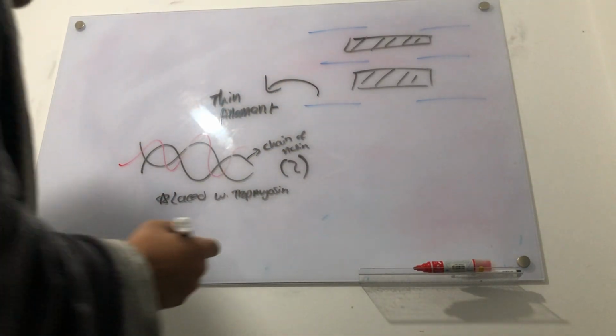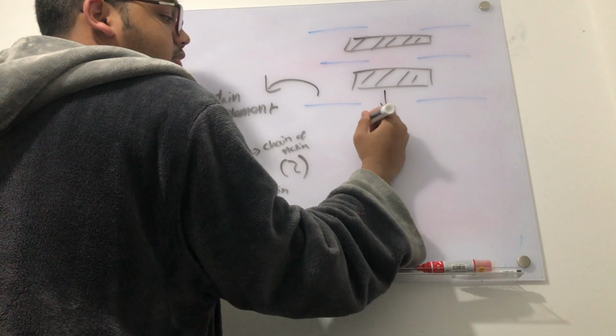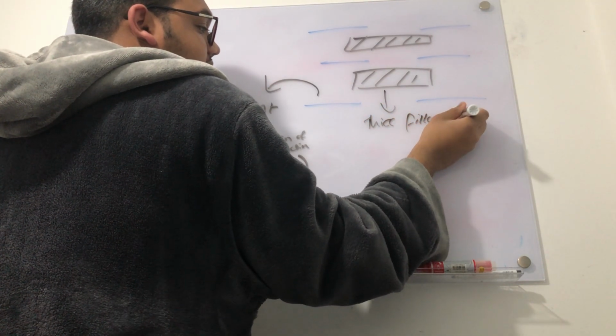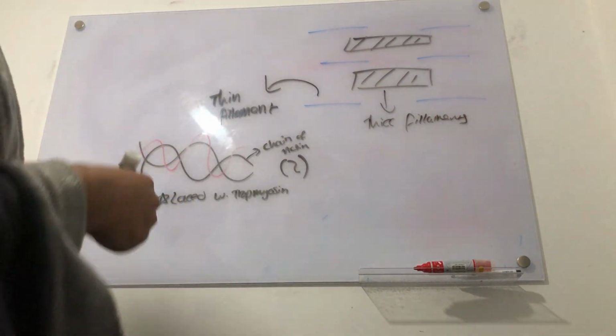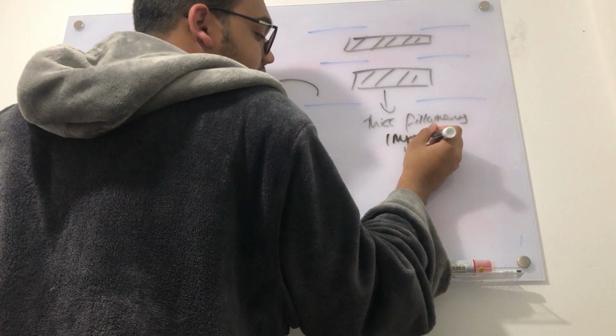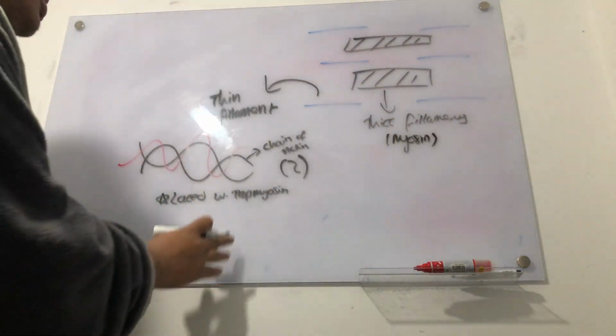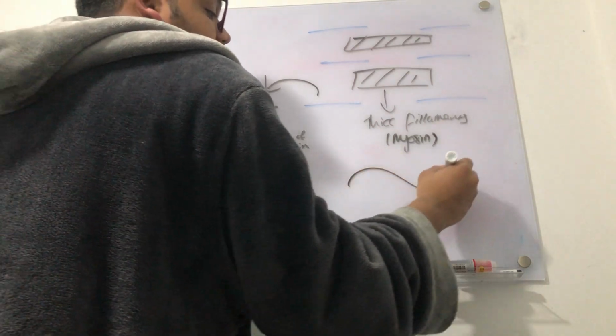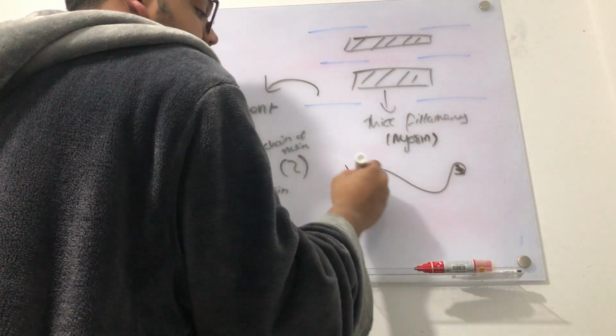We're going to talk about the thick filaments now. As you've guessed, the thick filaments are made of myosin. Myosin has quite a similar structure to actin. The only difference is you have a bulbous head here.